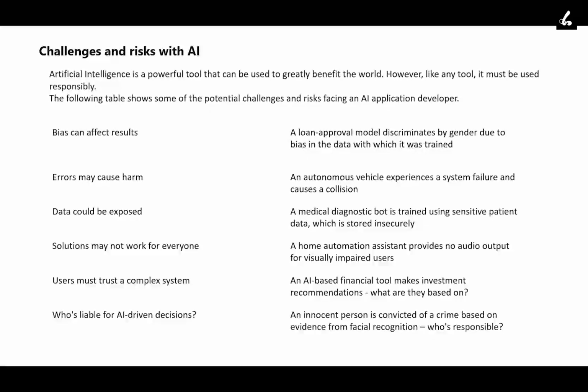But for a different scenario, if it does not have that particular input, it cannot give the exact answer. It cannot predict the future, and we cannot rely on that part. So this is also a challenge for an application developer.